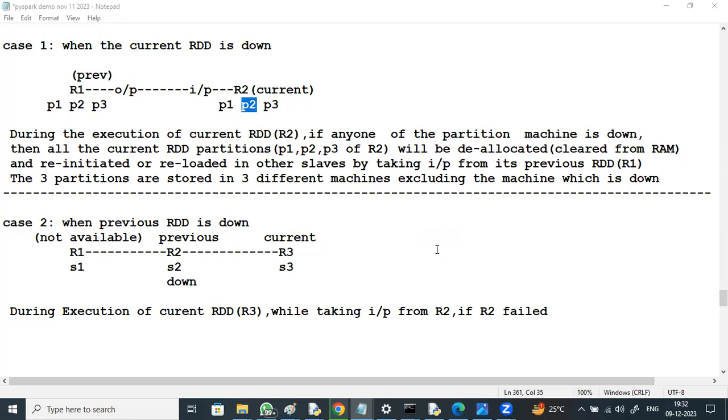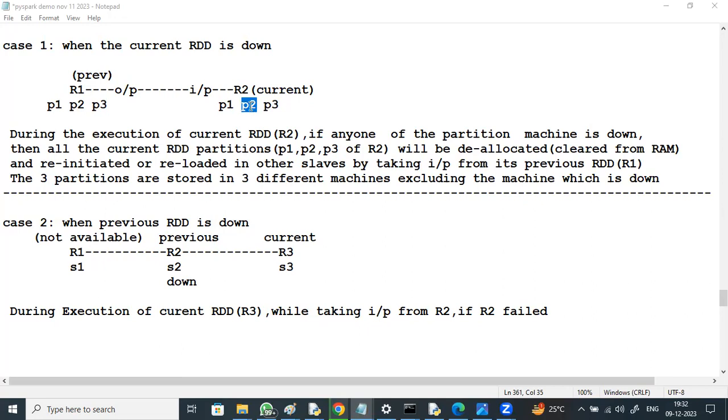You are saying that if P2 is down, why don't we collect only P2 data from R1, instead of recomputing all the partitions? The node manager knows that the P2 machine failed.